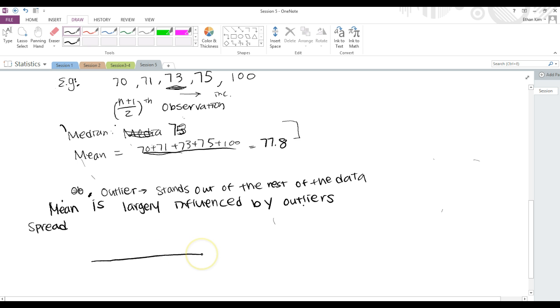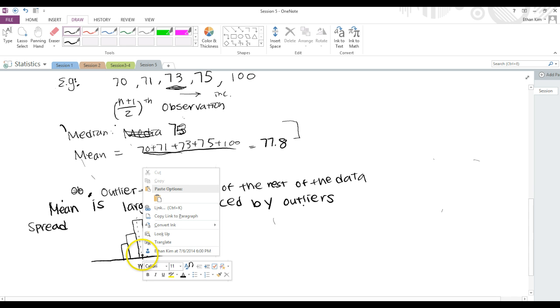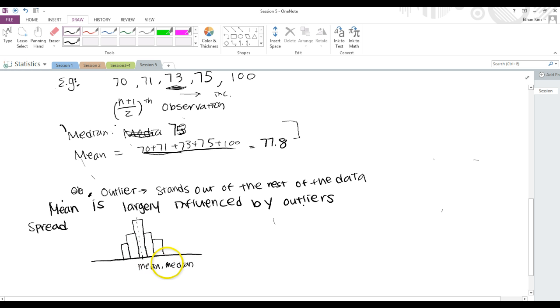You might have something like this as a histogram. From this graph, we know that this is the mean, and in this case, this will be the median as well.